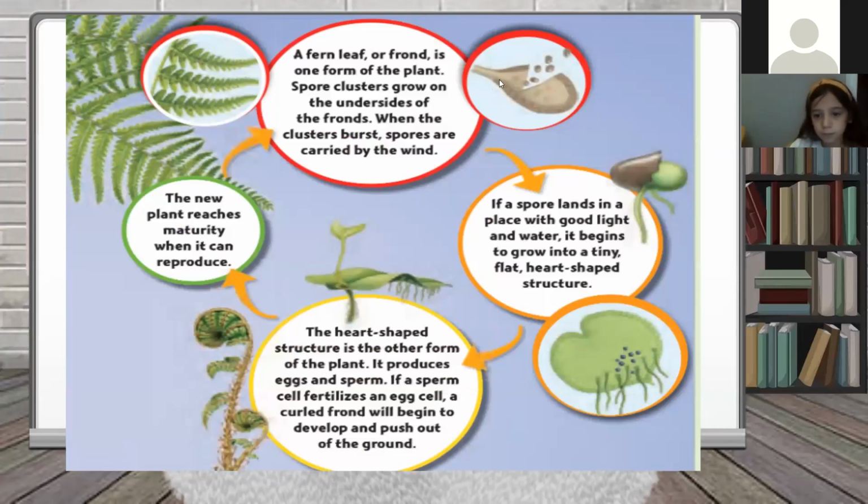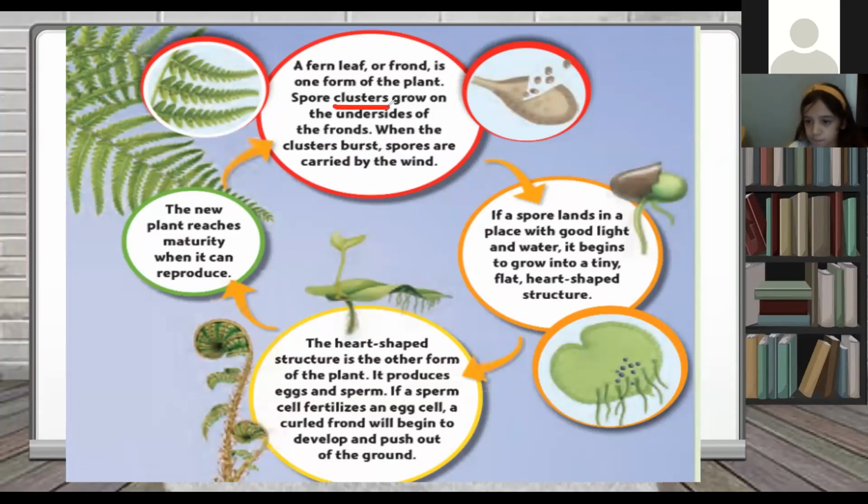What is this bag? Is it the embryo or what? Cluster. So the seed has an embryo, but the fern or the spore has what? Cluster. Okay? Do you understand now?